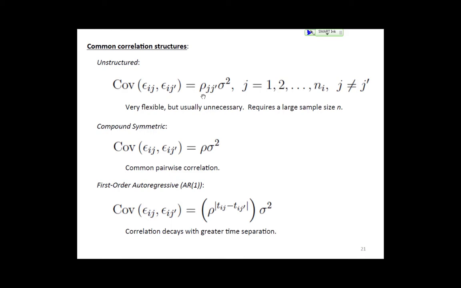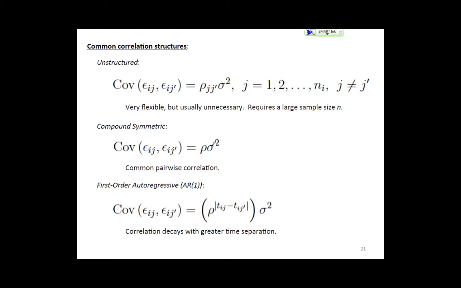And there's a different one for 1 and 4, and a different one for 2 and 3, and 2 and 4, and 3 and 4. So all of those numbers had to be separately estimated. That's why we have this subscript j prime. There is a correlation for 1 with 2, 1 with 3, 1 with 4, 2 with 3, 2 with 4, 3 with 4. All those had to be estimated.